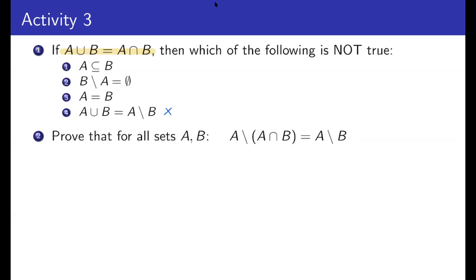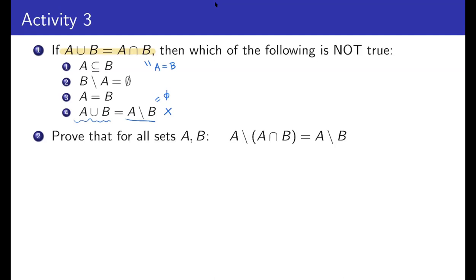So this tells us A equals B. Then A minus B is definitely going to give us the empty set, but this one is not definitely the empty set, unless A equals B equals the empty set. Otherwise, it's not empty, so it's false. Yes, A and B are the same sets.